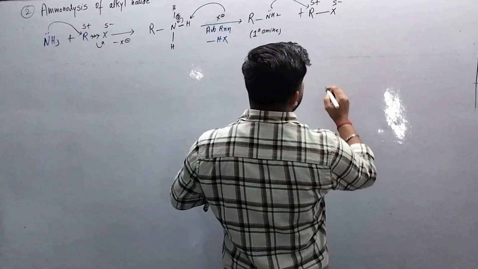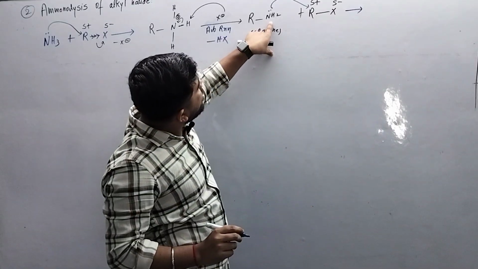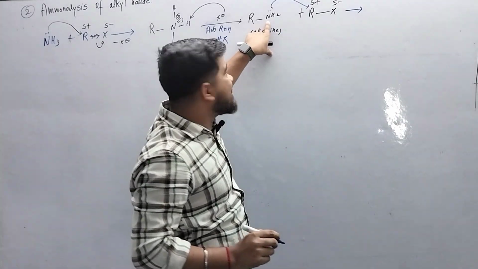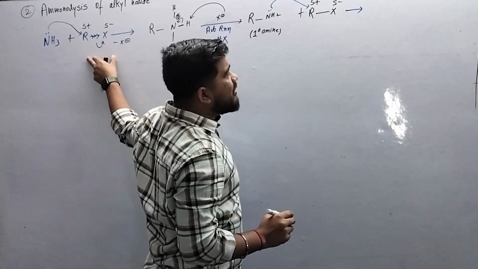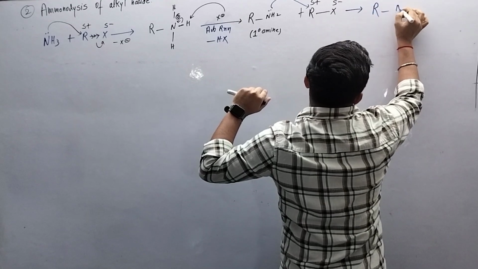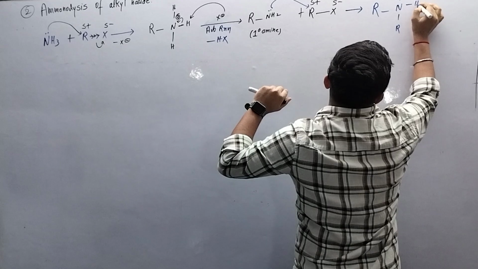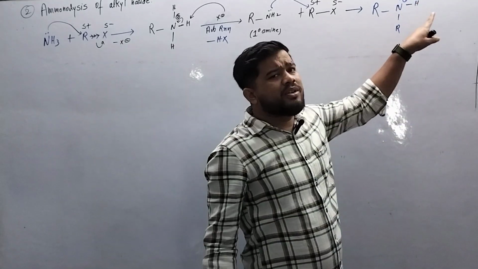In the next step, as nitrogen donates its lone pair to the alkyl group, there will be a positive charge, as in the case of ammonia in the presence of alkyl halide. Here the product will look like R, N, R, H, as nitrogen donates its lone pair, so it acquires a positive charge.